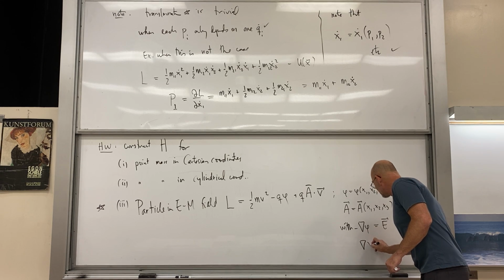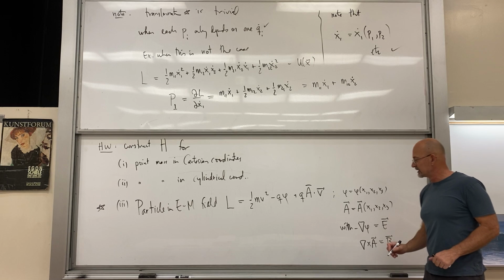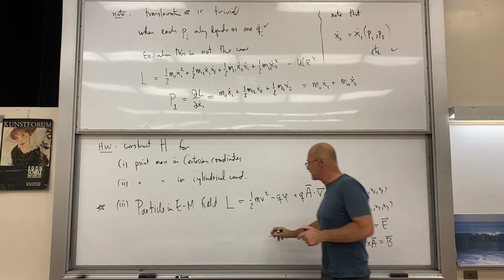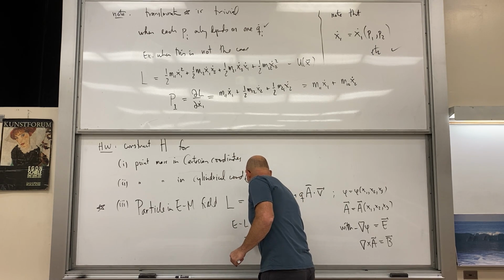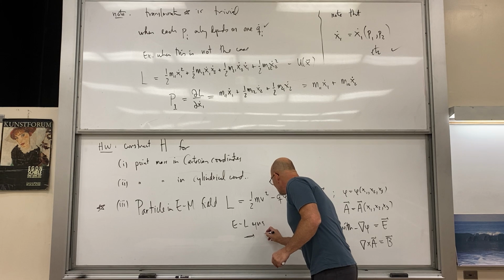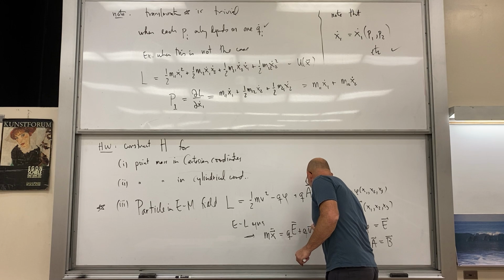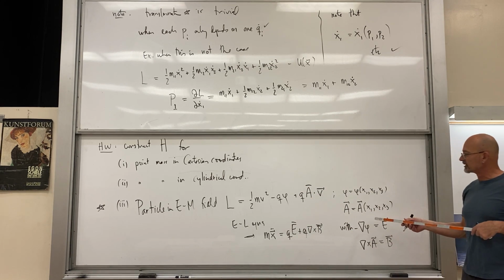The curl of A gives us the magnetic field. Okay. And what we saw was the Euler-Lagrange equations tell us that m times the second derivative of vector x is equal to q E plus q v cross B, with all of these conventions right here, okay?